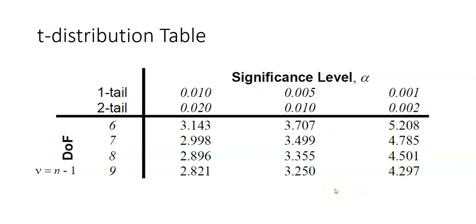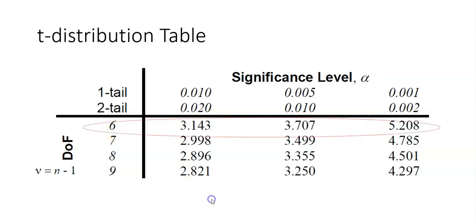This table is available in the manual and it is called t distribution table. You have different critical t for different significance levels and different degrees of freedom. You can find degree of freedom for your experiment by subtracting 1 from the sample size. So you have 7 samples minus 1 would return 6.